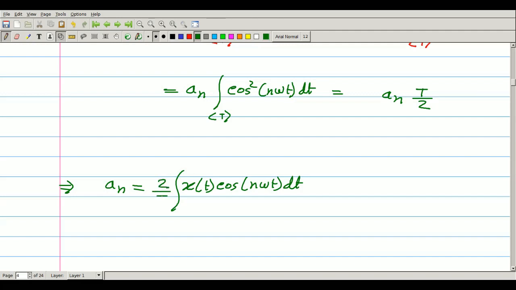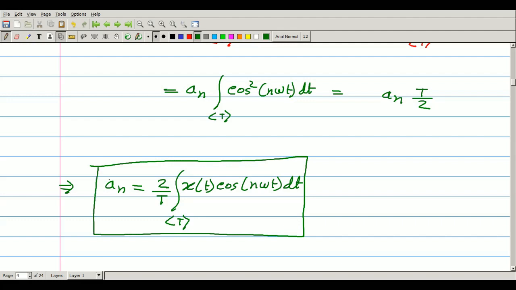So 2 over T here. So this is what should be the value of an. And this is true for all n equal to 1, 2, 3, 4, etc.